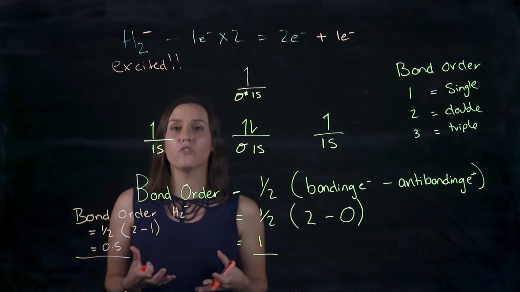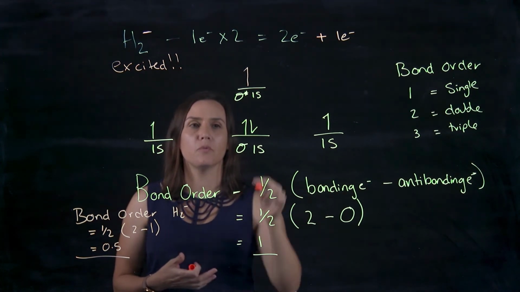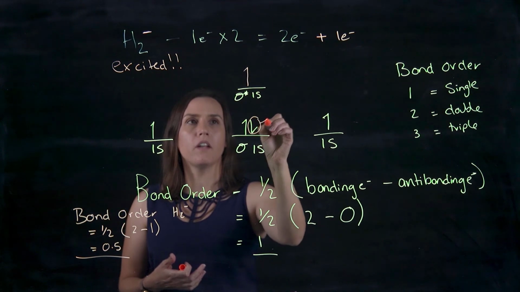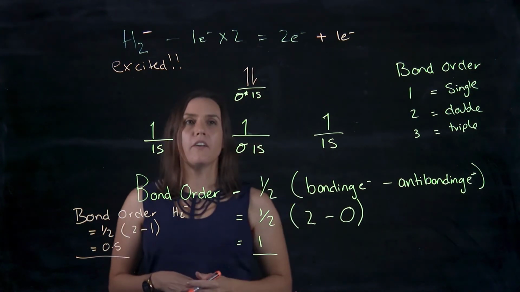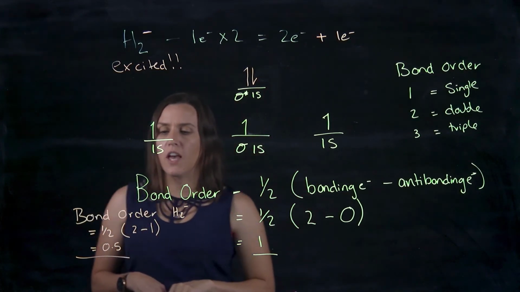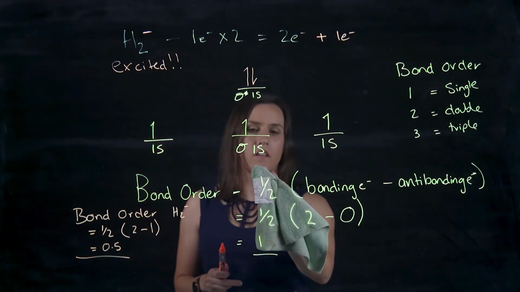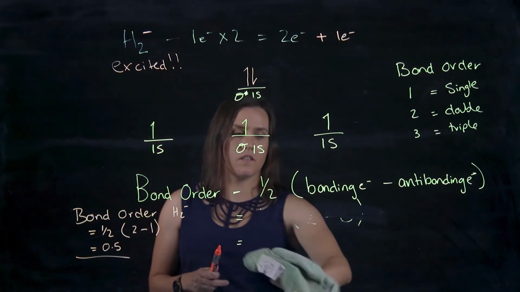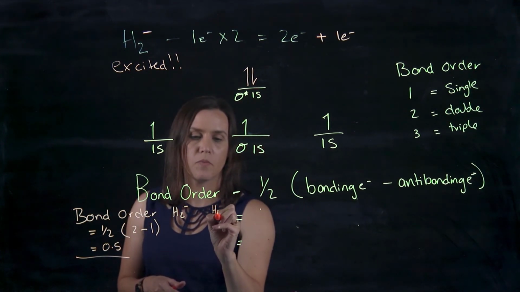We have the promotion of an electron in a lower energy orbital to a higher energy orbital. So let's promote one of these up to the top. Now I've got 2 in the antibonding and 1 in the bonding. So how does that change my bond order? This will be my excited H2 minus.